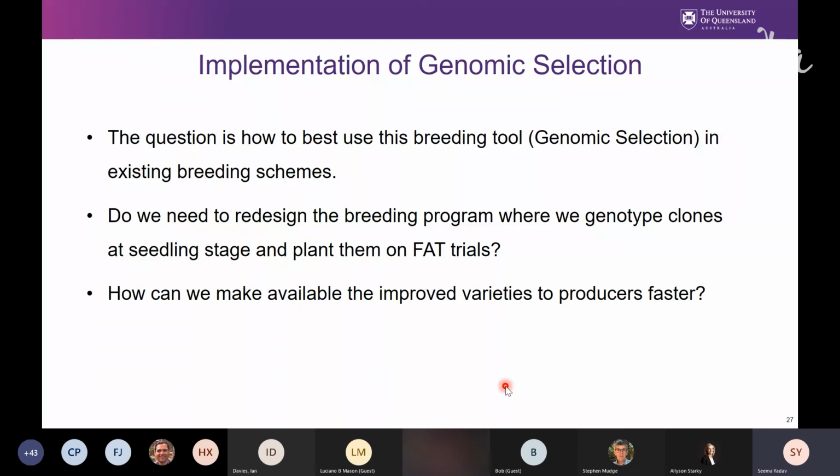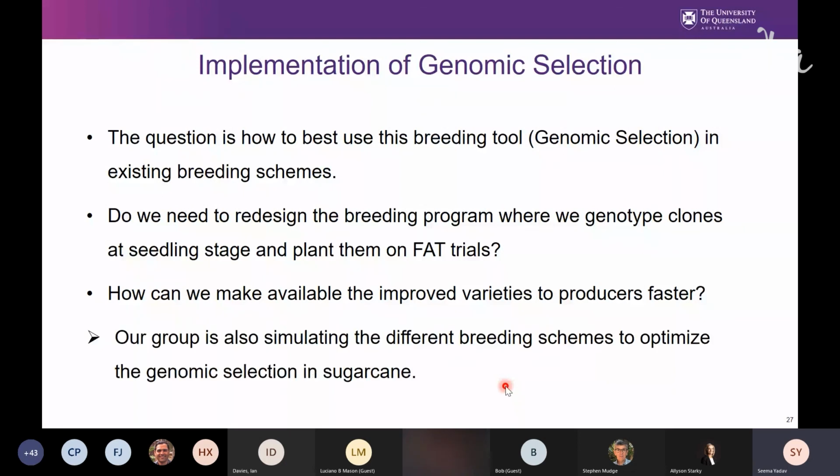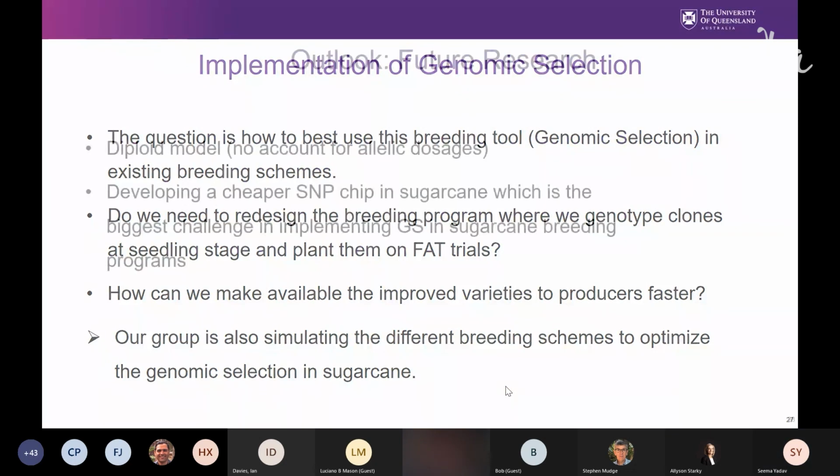And the biggest question is how we can make the improved variety available faster and improve the genetic gain in sugarcane. Sometimes empirical evaluation is quite difficult due to the long breeding cycle, so our group is also simulating different breeding schemes so we can optimize genomic selection in sugarcane.